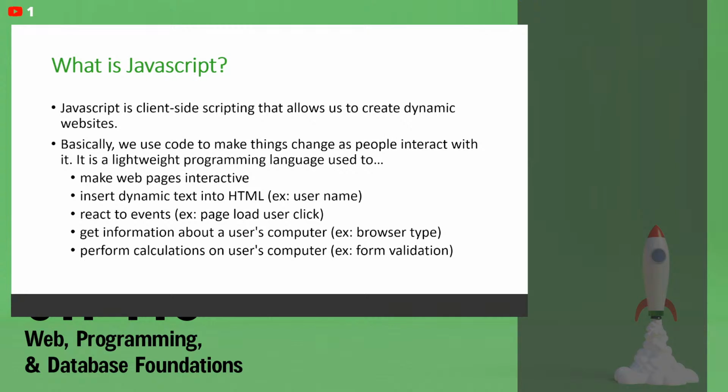But one thing that we haven't been able to do thus far is allow our user to do anything interactive with our website. And aside from click a link, right? The link really is the only thing that we've really been able to do with our websites thus far that has been interactive. And it's not even that interactive, right? Like, it just kind of takes us from one website to another website.